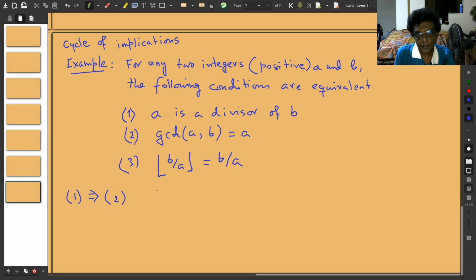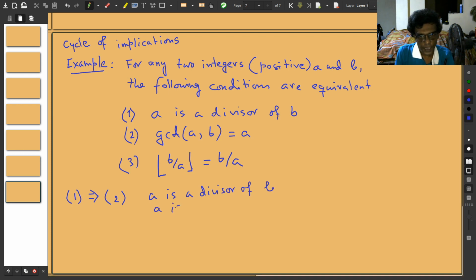Why? If A is a divisor of B, this is given by 1, A is a divisor of B. But A is also a divisor of A. Right.